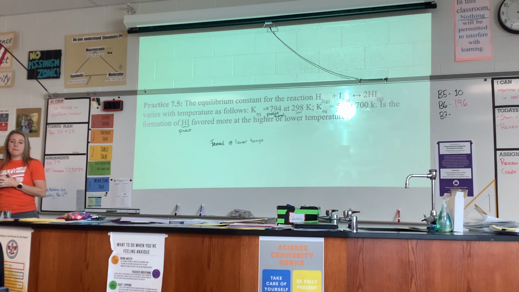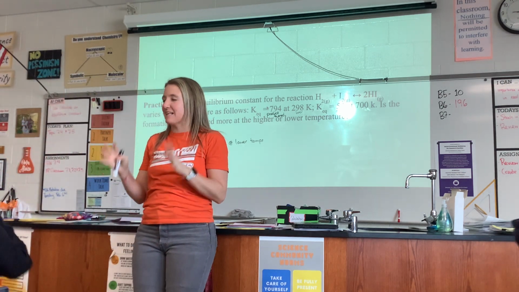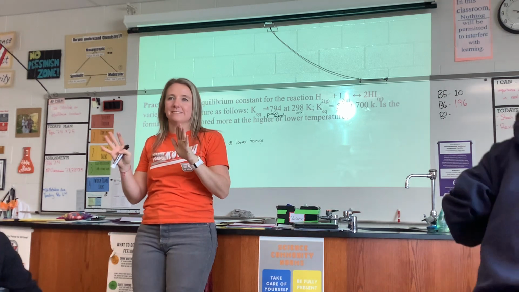Okay, the next problem, I decided last period I don't like it yet, so we're not going to do it today, because it will make more sense next time. I don't want to confuse us, because I feel like we're at a good place right now.